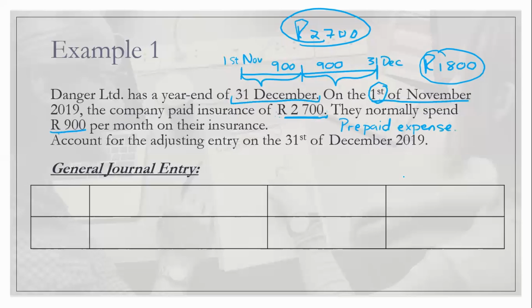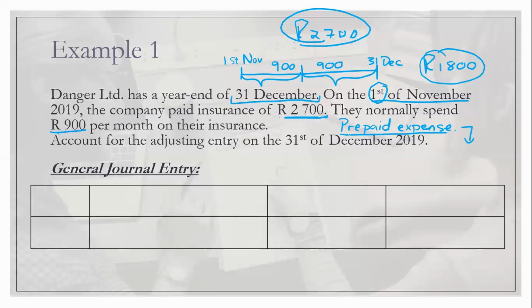Now, if we have a prepaid expense and we know that accrued expenses are a temporary liability, what would we classify a prepaid expense as? Probably equity. Okay, think carefully.